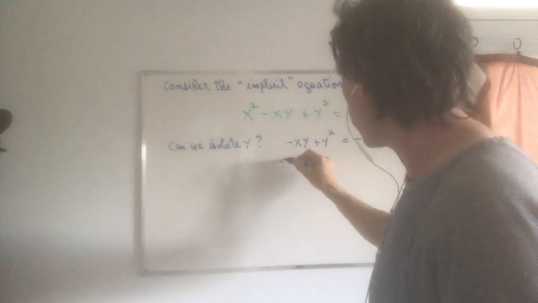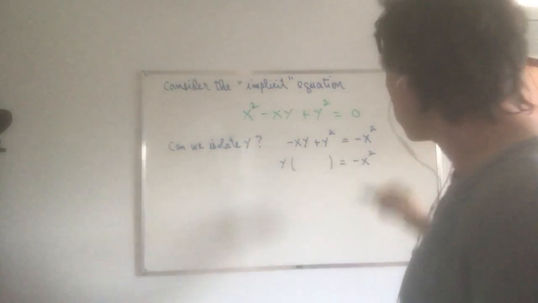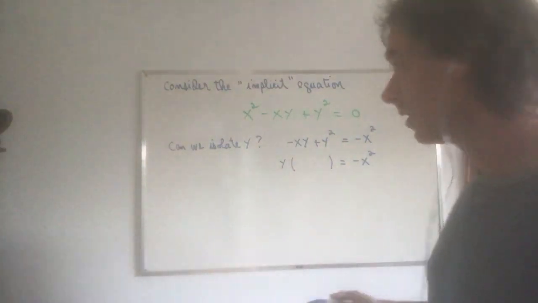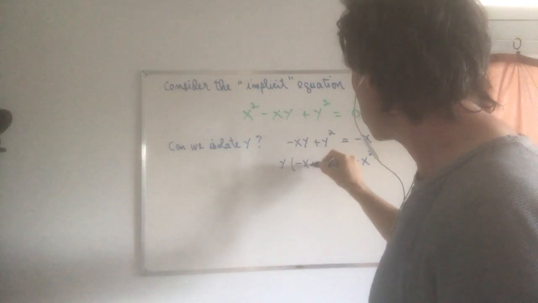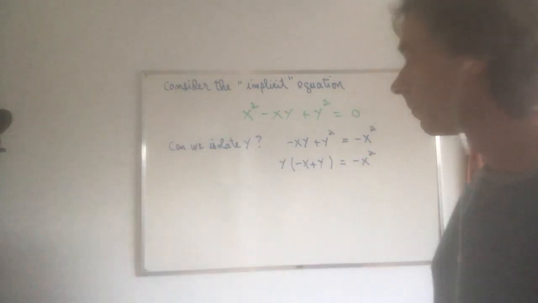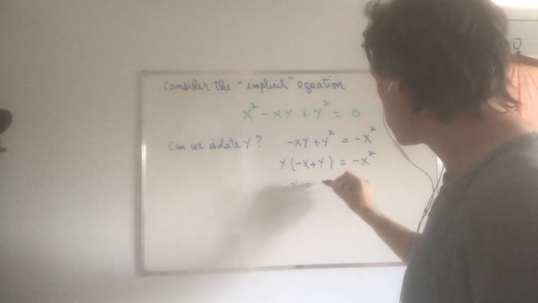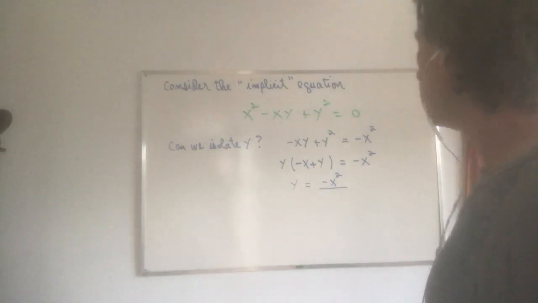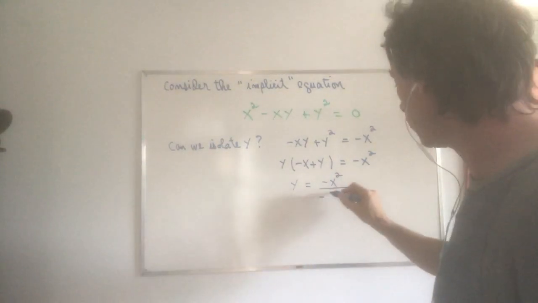Then we factor out a y from here, and that's going to normally lead to the isolation of y. So to take out a y, you're going to get minus x plus y, right? And then you're going to divide by the bracket. So technically speaking, we have followed the code of algebra here in order to isolate y, and we're getting this.